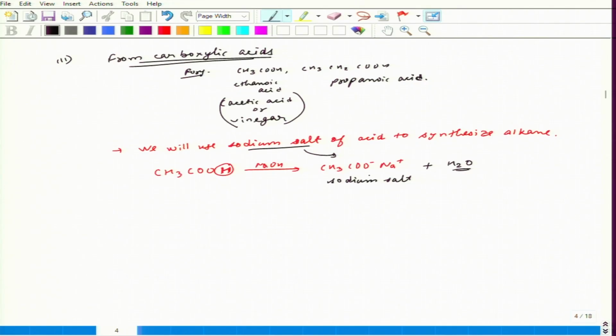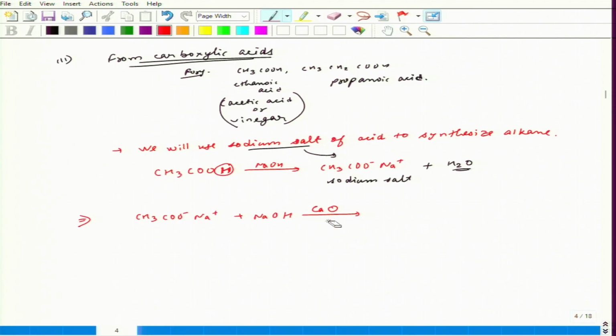Now, how from this sodium salt of carboxylic acids can we form the alkanes? So, what we will do is take this sodium salt and add NaOH, and that too in the presence of calcium oxide and heat. Okay.